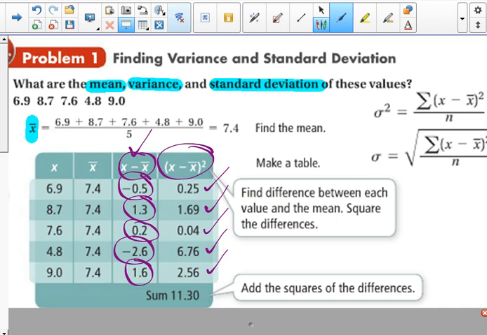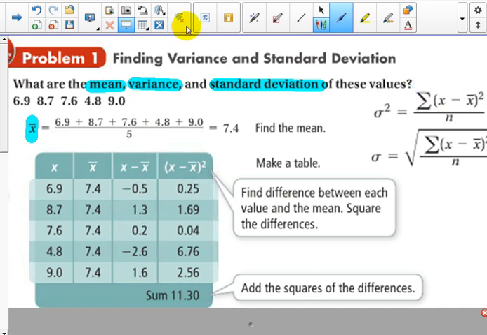And now the last step that we listed in our previous concept page was to add all those together, the summation of those. Remember, in our formula, you sum the squares of the differences of the items from the average. So we need that summation to finish this top portion of our variance. And when you add all those up, you get 11.3.